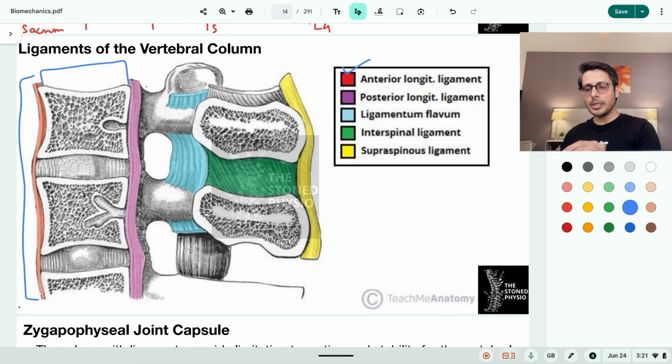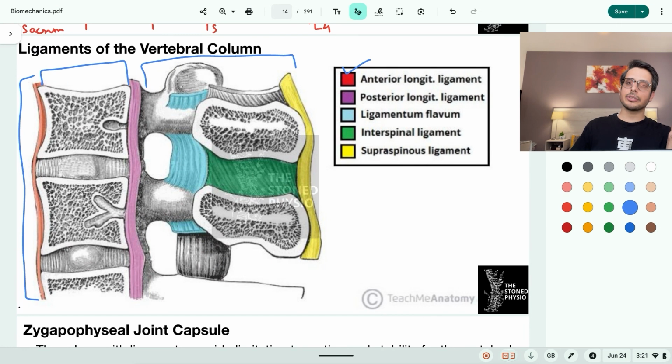So this is the vertebral body, and this is the neural arch or the posterior structures of the vertebra. So on the anterior most part of the vertebral body runs the anterior longitudinal ligament, this one. Then we have the posterior longitudinal ligament, this one, running through the posterior section of the vertebral body.